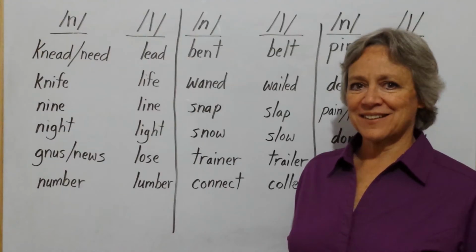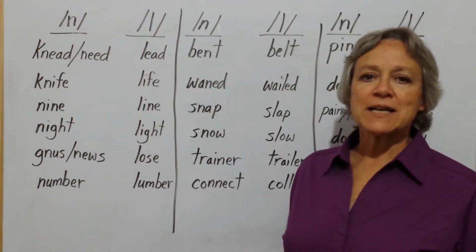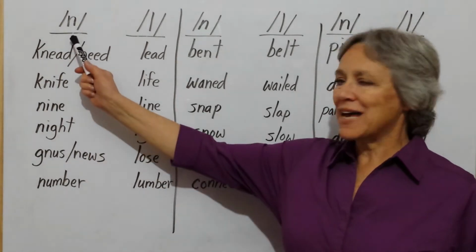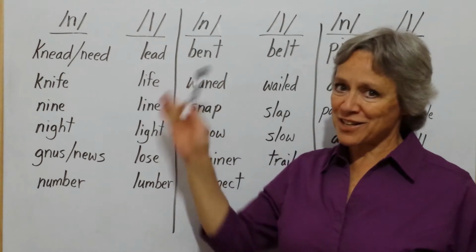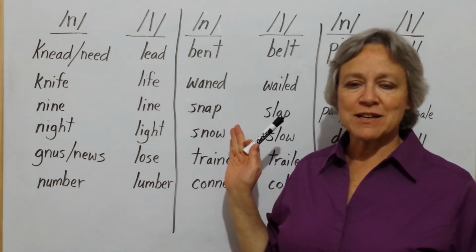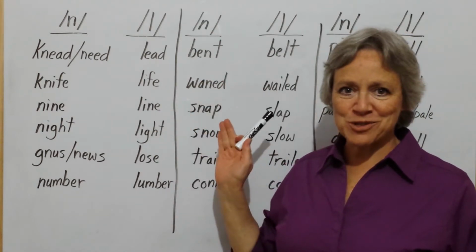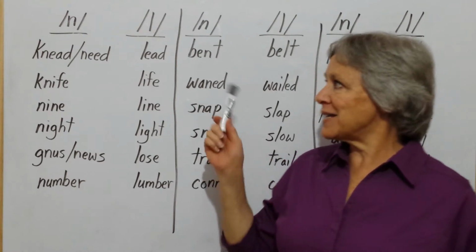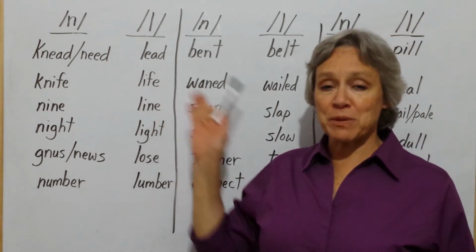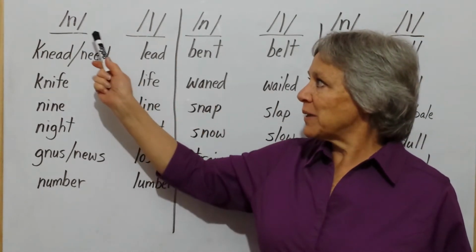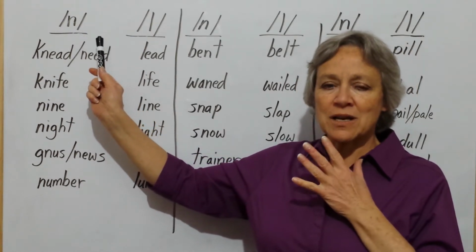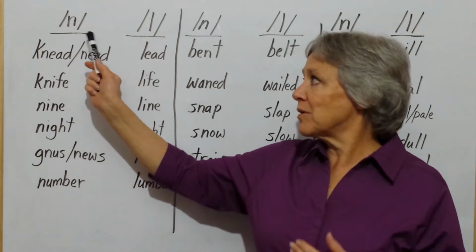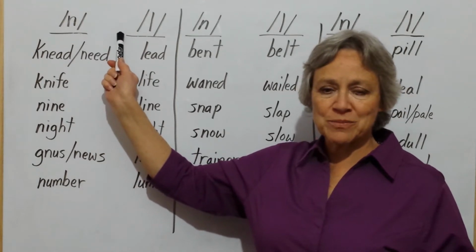Okay? Some people have trouble distinguishing between the sounds n and o. So in this exercise, I'd like to practice words containing those sounds, okay? And it's very reasonable that people would have trouble with these sounds because the tongue and mouth position are the same for both of these sounds.